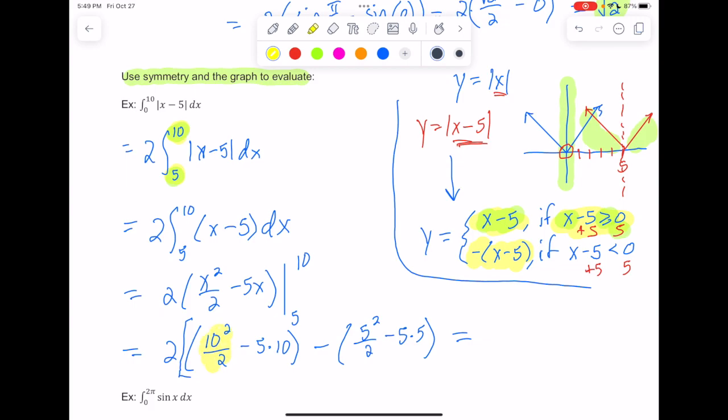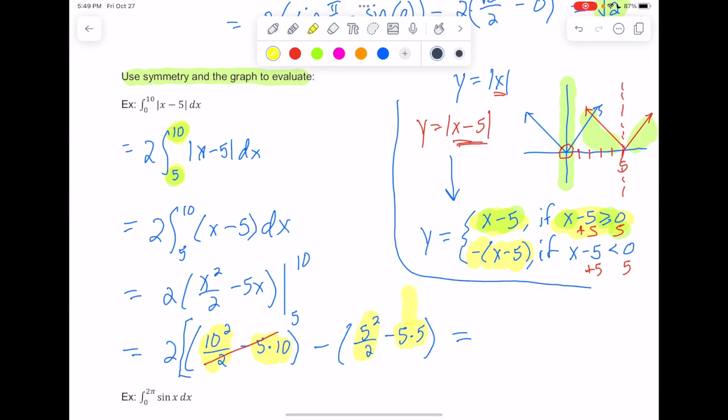10 squared over 2 is 100 over 2, which is 50. This is also 50. So all of that just goes away, cancels each other out. And then if we look over on the other side, 5 squared is 25 over 2, so that's 25 over 2. This is 25.